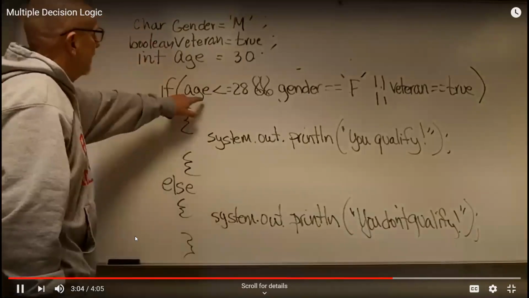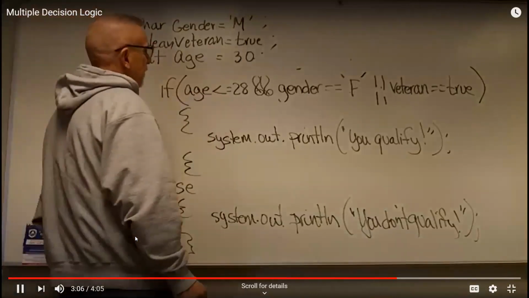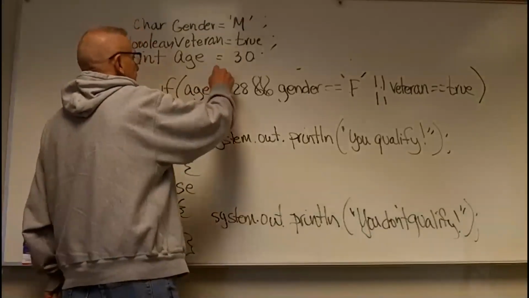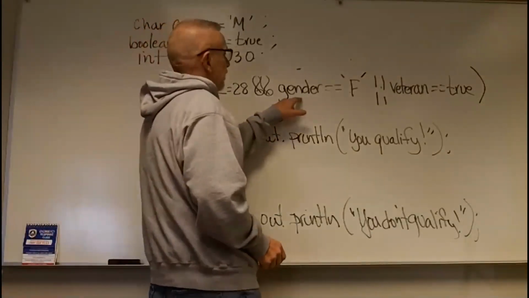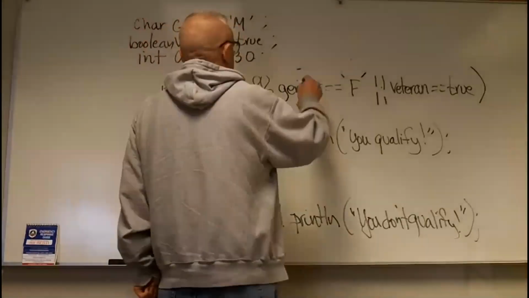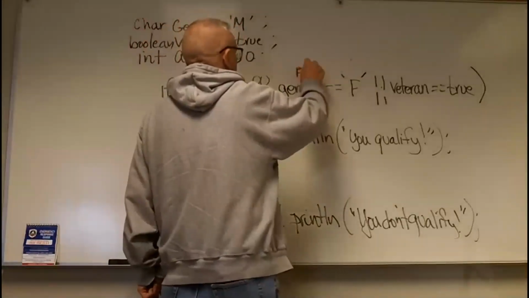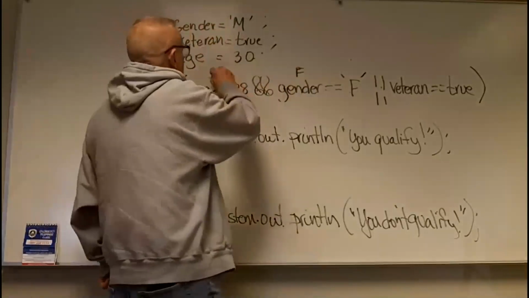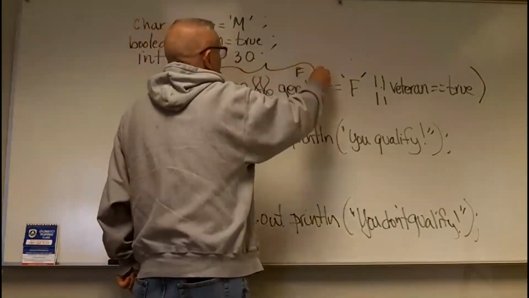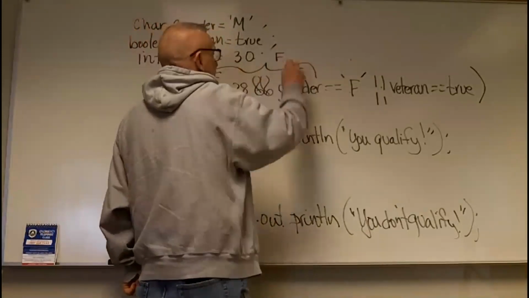So we can see here, is the age less than or equal to 28? Well, no, it isn't. He's 30. And is the gender female? No, he's a male, so that's also false. So we have a false and a false. So if we combine those together, we get a false.